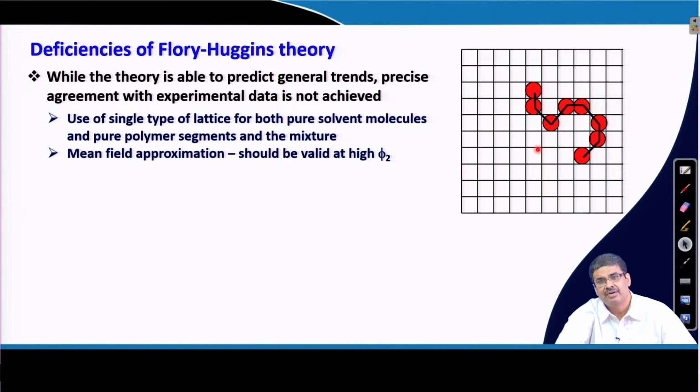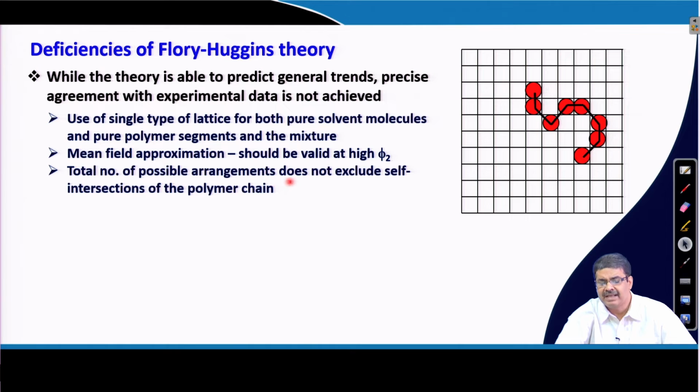Hence, it is not accurate that the polymer segments already present in the 3D cells were distributed uniformly, and that is what we called the mean field approximation. So, this is not valid for dilute solution, it may be valid at high concentration of polymers in solution.